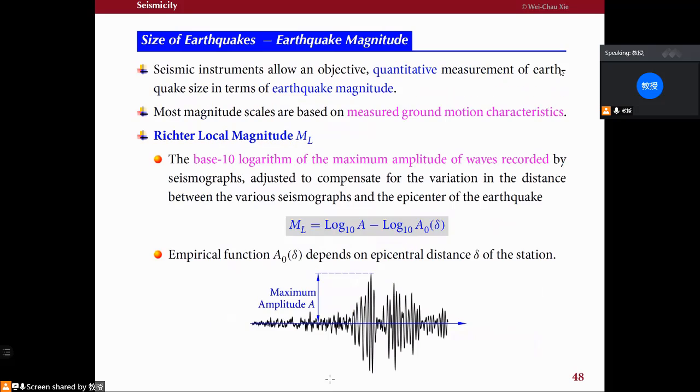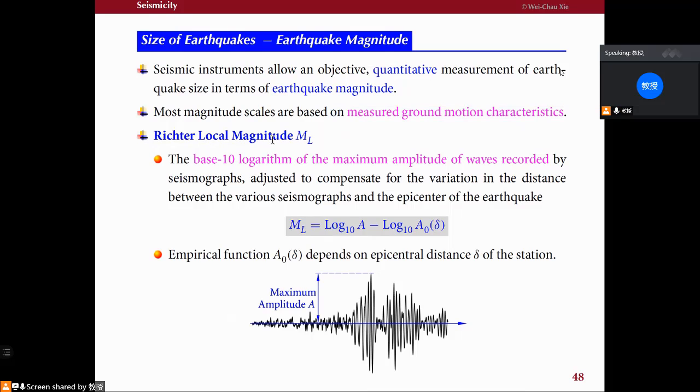Seismic instruments allow an objective, quantitative measurement of earthquake size in terms of earthquake magnitude. Most magnitude scales are based on measured ground motion characteristics. For example, we have the Richter scale, local magnitude, ML.